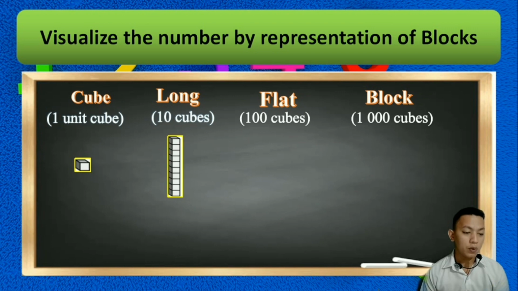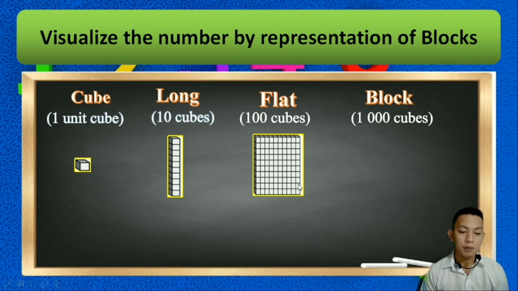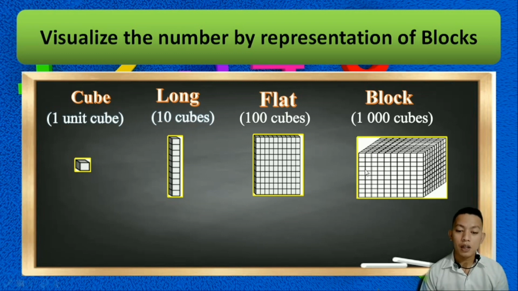Long has an equivalent value of 10 cubes. Flat has an equivalent value of 100 cubes. And block has an equivalent value of 1,000 cubes. So we can visualize a number by representation of these blocks: cube, long, flat, and block.